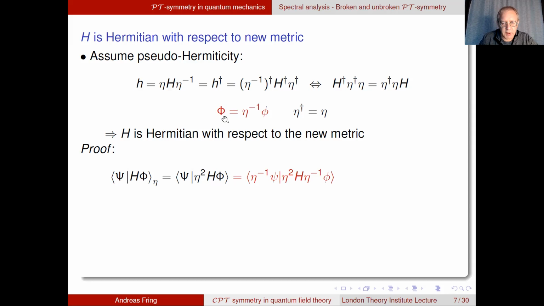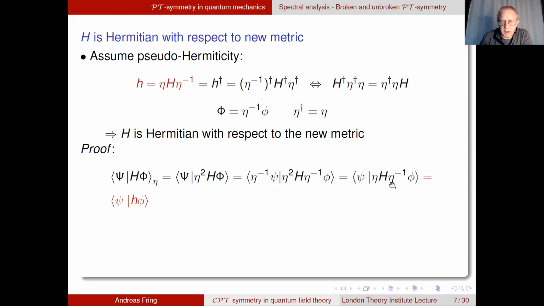To do this, I use the fact that the wave functions of the non-Hermitian model and the Hermitian model are related in this way, given by this red equation here. So I'm replacing capital psi by eta -1 psi, and also capital phi I replace by eta -1 phi. Now, since eta is Hermitian, I can just pull it over here. So the eta -1 comes to the right-hand side and will convert the eta squared into an eta.